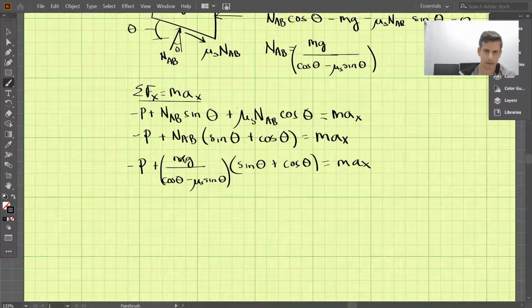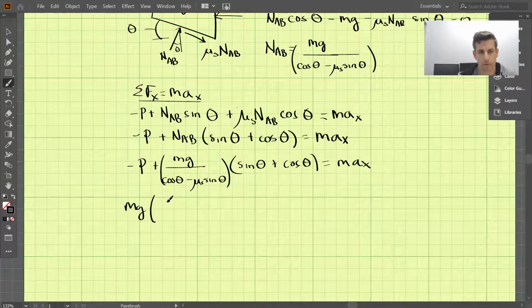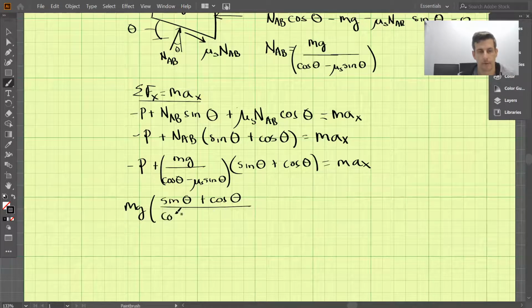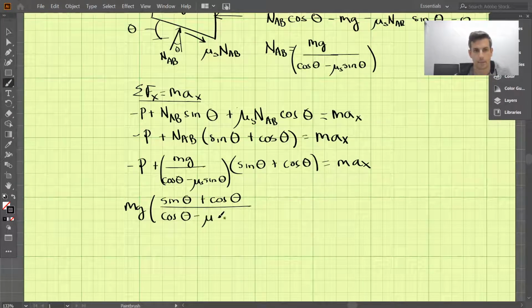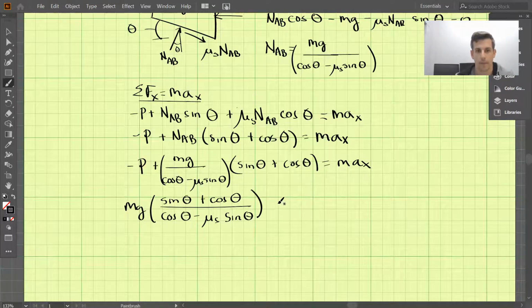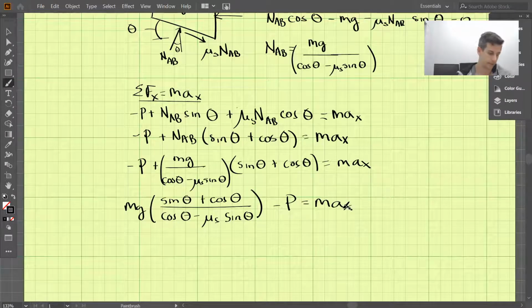So let's straighten this up a little bit, and I'm going to put these two things out front here. So I'm going to pull mg out front, and that's going to be sine theta plus cosine theta divided by cosine theta minus mu sub s sine theta, and that's minus P equals m times ax.